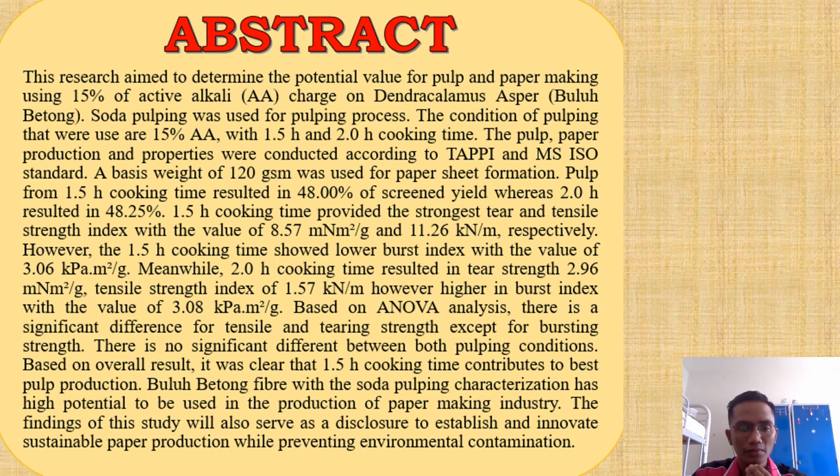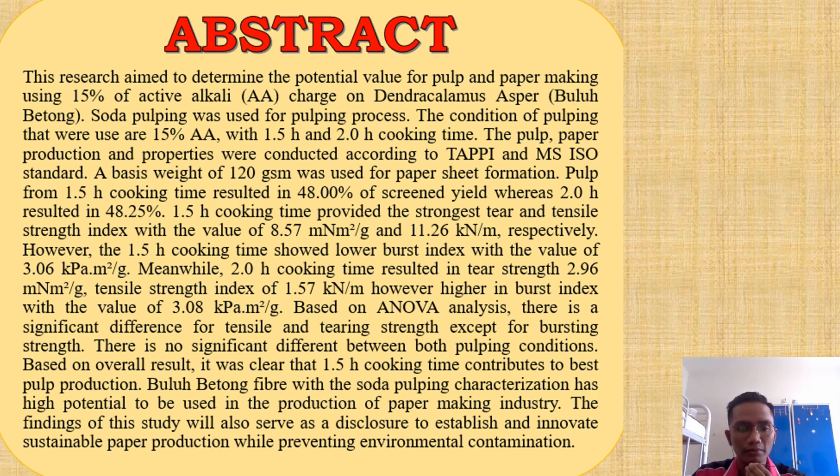Based on ANOVA analysis, there is a significant difference for tensile and tearing strength except for bursting strength. There is no significant difference between both pulping conditions. Based on overall result, it was clear that 1.5 hour cooking time contributes to best pulp production.